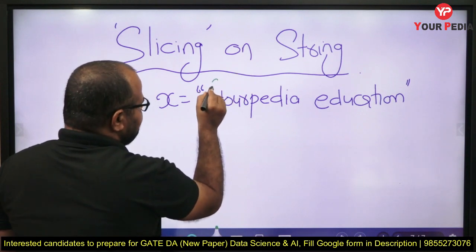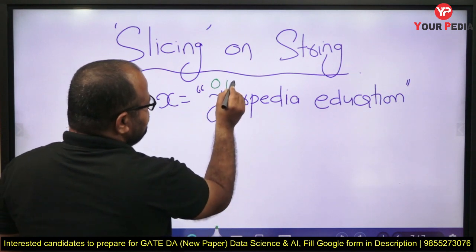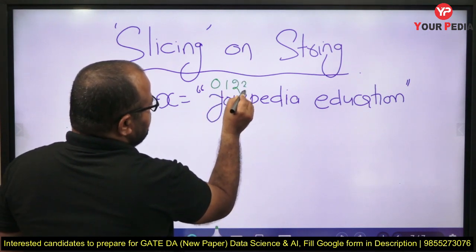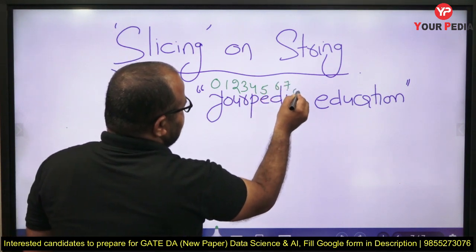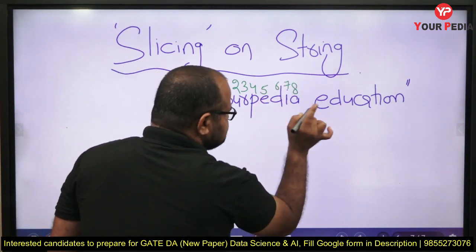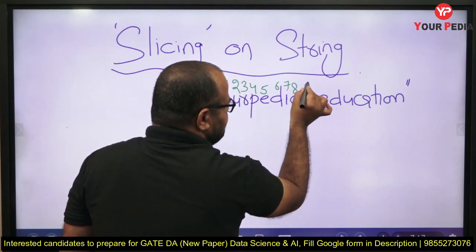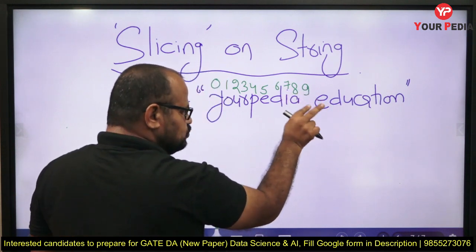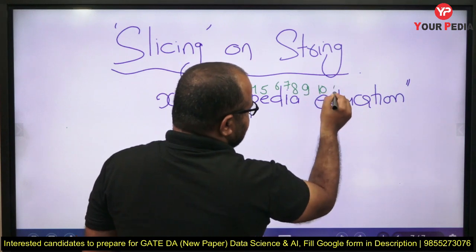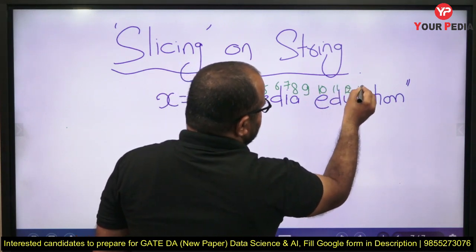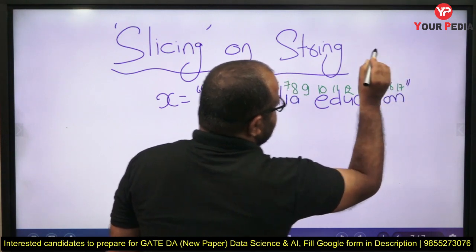So Y is at index 0, O is at index 1, U is at index 2, and so on up to 8. I am writing just one space, so it is considered index 9. If I write two spaces, they are 9 and 10. Then E is at index 10, and so on up to 17.